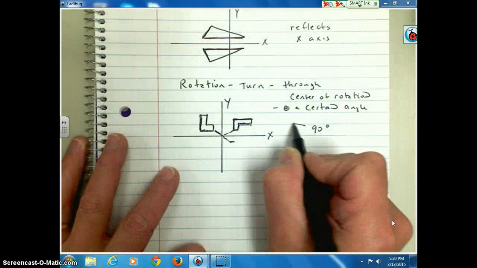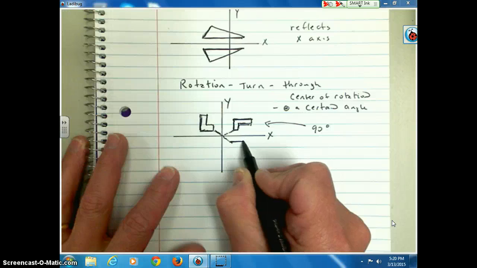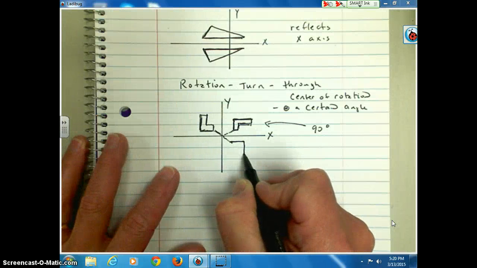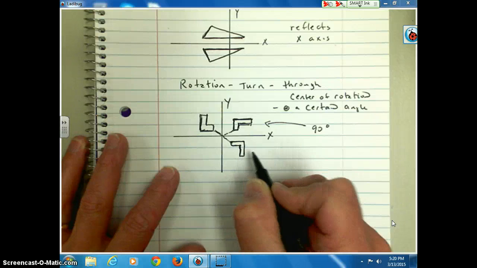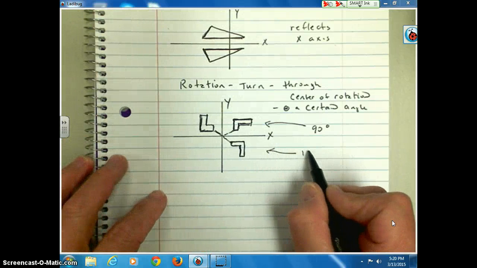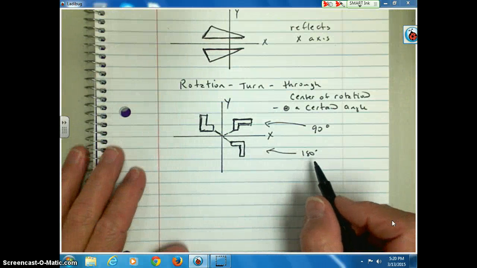This would be the 90-degree rotation, and if we rotated it 180 degrees, it would look like this. I think I made that a little bit too big, but I think you get the idea. So this would be a rotation of 180 degrees. Again, a couple different examples of rotation.